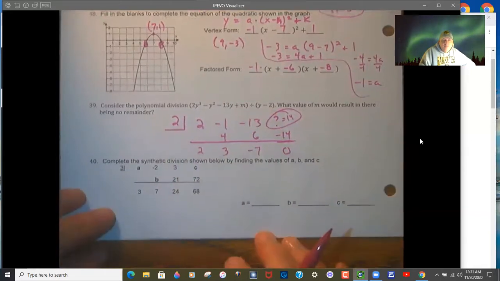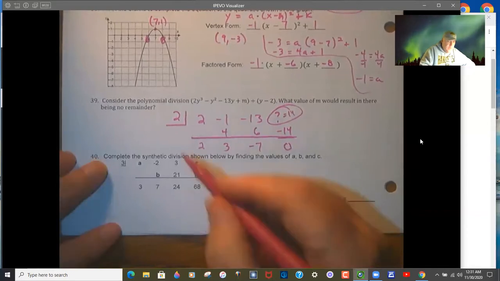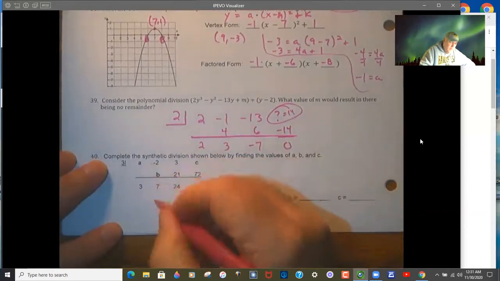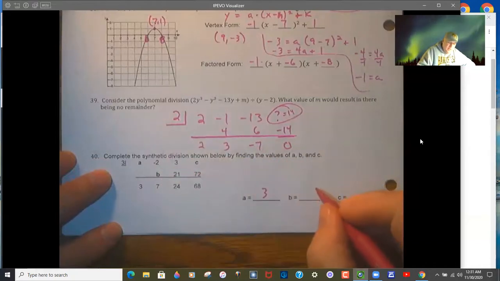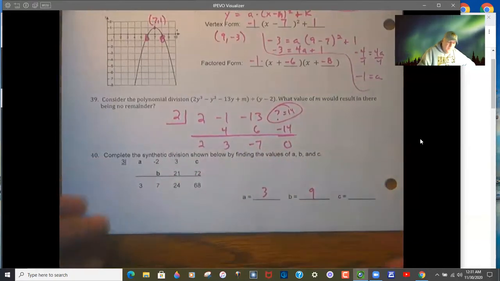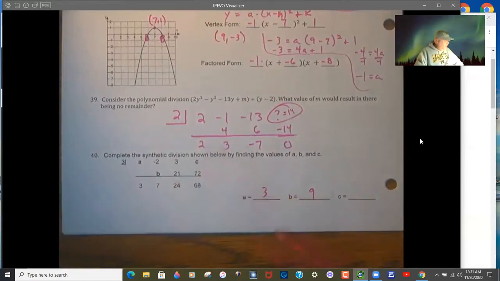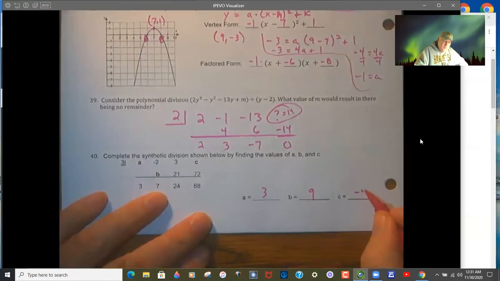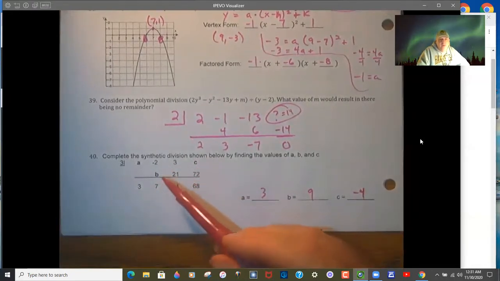It's opposite. And then problem 40, finally, it's a dropping down process. A is 3, and then what plus -2 is 7? That would be 5, or I'm sorry, 9. I had 5 in my mind. And then what plus 72 is 68? Well, that's -4. So you're just looking at, you're adding down or vice versa.